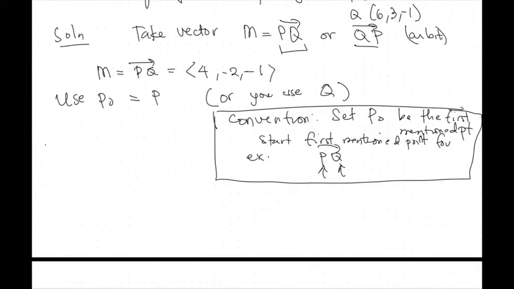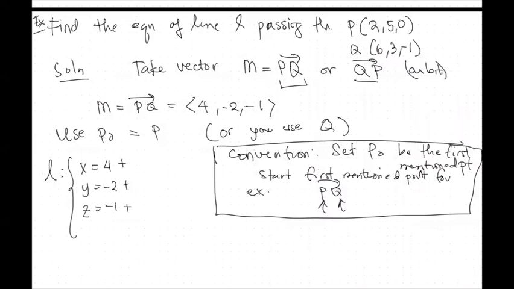Okay. So the equation of line L is now given by X, Y, Z equals... what's our vector M? All right, the point is use P0 equal to P. So here we have M is 4, -2, and then -1. Just put T here, and T is in R, and then the point is 2, 5, 0.